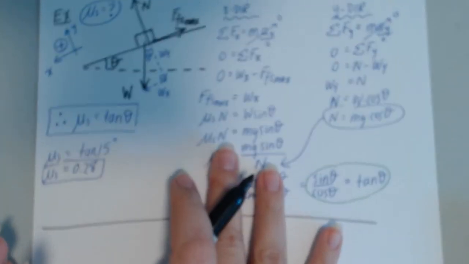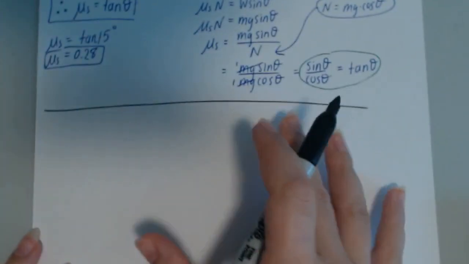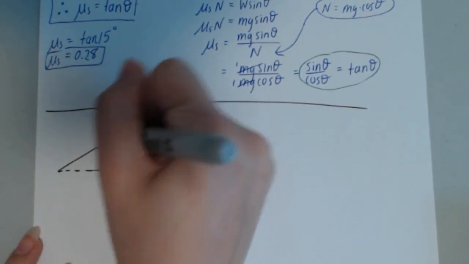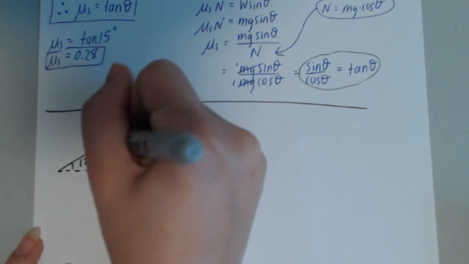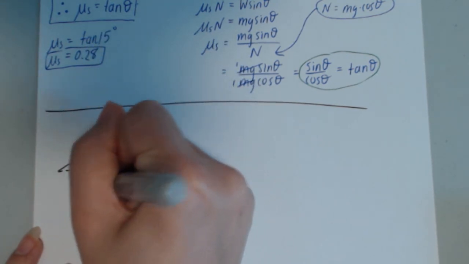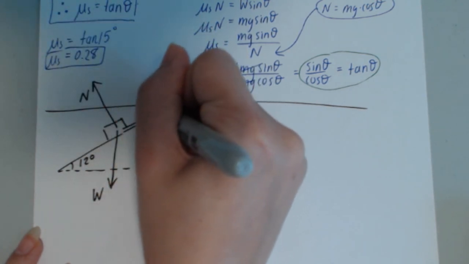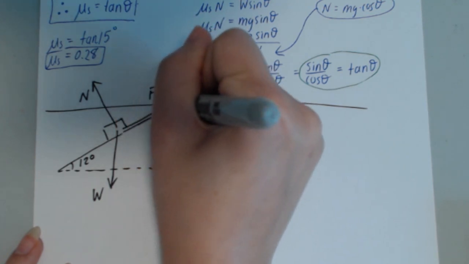So pretty much exactly the same diagram, except I'm going to call this FD. We've got our angle, and it's 12 degrees now. We've got our object, there's weight, there's normal. This time there's dynamic friction, F_FD.